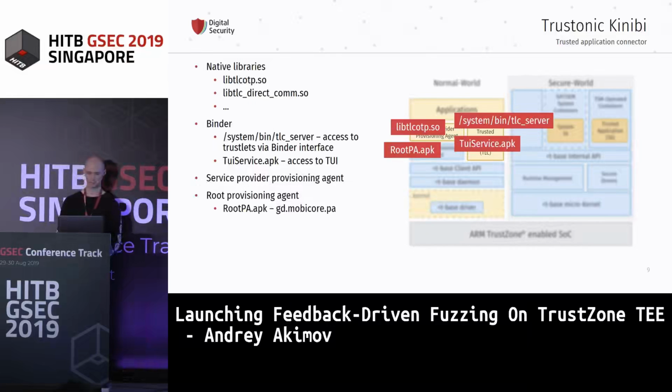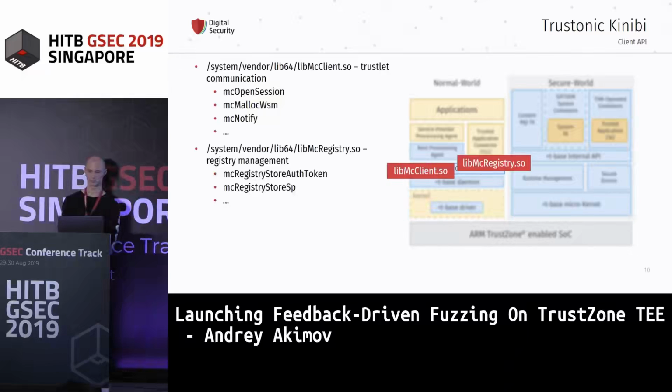And for the purposes of administration of trusted applications, there is a root provisioning agent as an APK as well. Its task is to manage containers of trusted applications in the secure world.